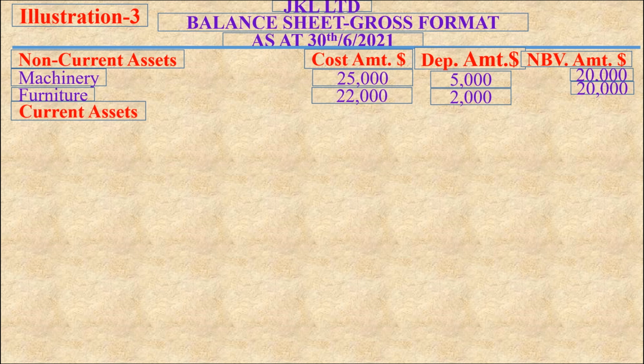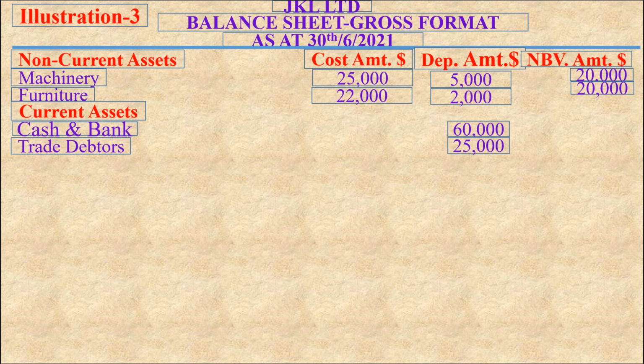Then we go to current assets, whereby we have cash in hand and cash at bank, where the amount is not recorded at the farthest column of this balance sheet. We record them just below the depreciation column. Then we have trade debtors, which were 25,000.